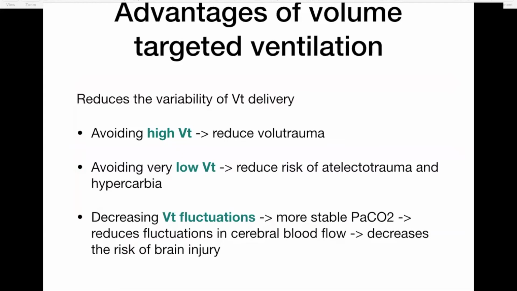We can also avoid very low tidal volumes, and therefore we can reduce the risk of atelectrauma and hypercarbia. And we can decrease our tidal volume fluctuations as well, so we can have more stable CO2s. We can reduce the fluctuations in cerebral blood flow, which is dependent on PCO2, and therefore we can decrease the risk of brain injury.